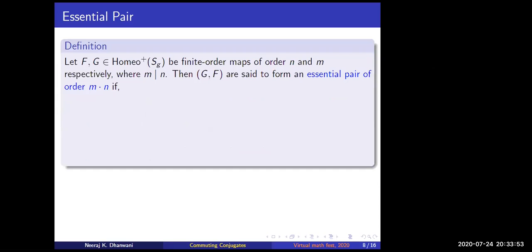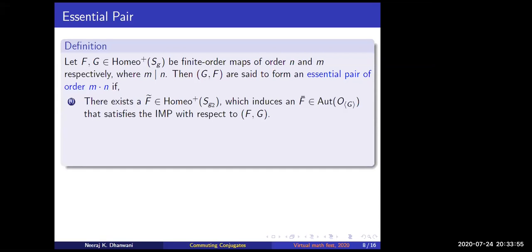So we put some conditions on the induced map, and we call these tuples an essential pair. If you can find a homeomorphism on the surface such that it induces a map on the orbifold which satisfies the induced map property which we showed before, that it has to respect something.